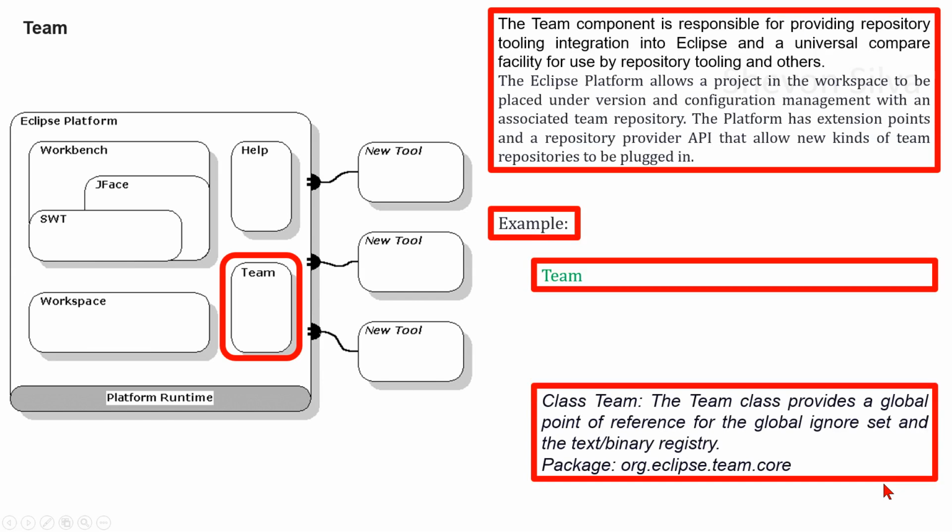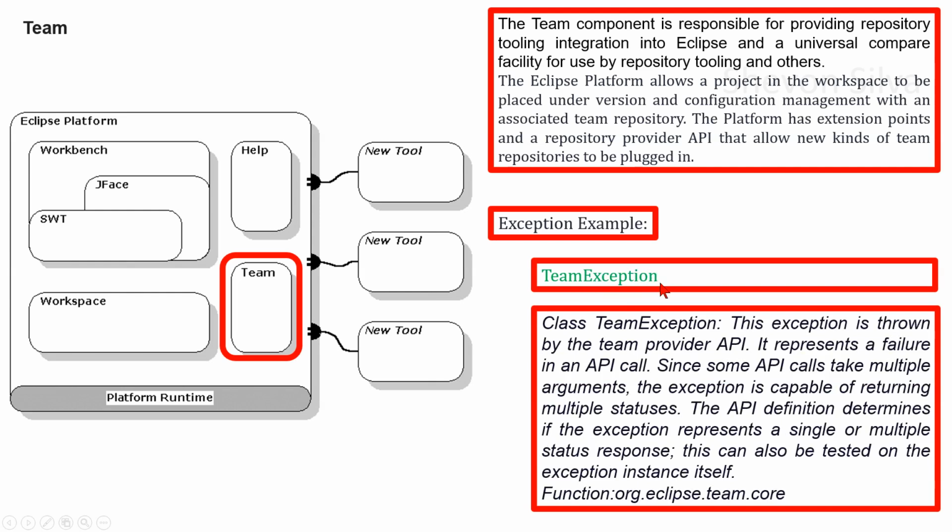As an example, we can consider the Team class. The Team class provides a global point of reference for the global ignore set and the text/binary registry. The Team class is in the org.eclipse.team.core package. As an exception example, we can consider the TeamException class.